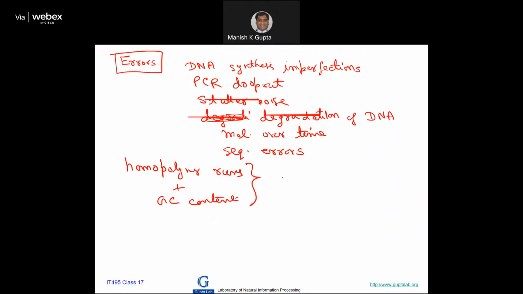These two things will give rise to synthesis and sequencing errors, right? So we are assuming errors coming from these things. So 1, 2, 3, 4, 5. And so basically, if we control these kinds of things, we will reduce synthesis and sequencing error.